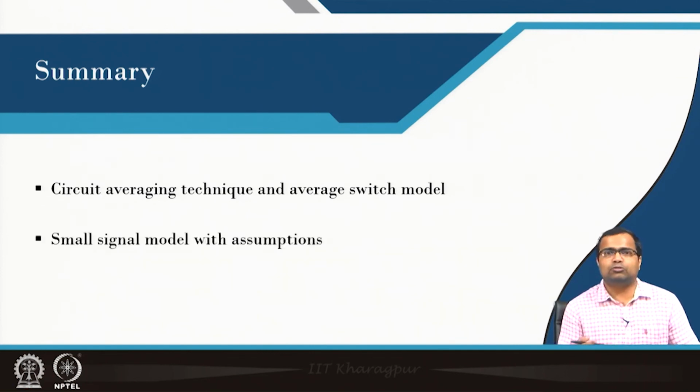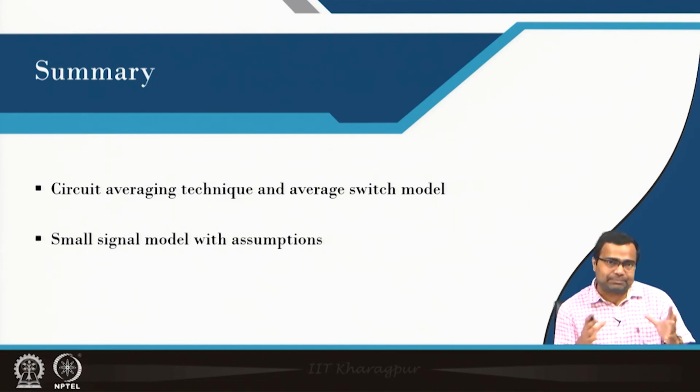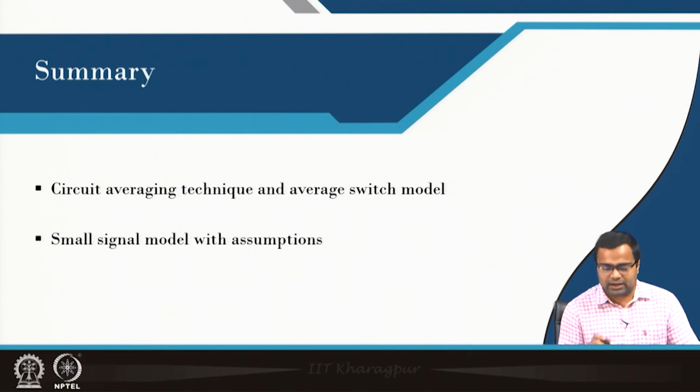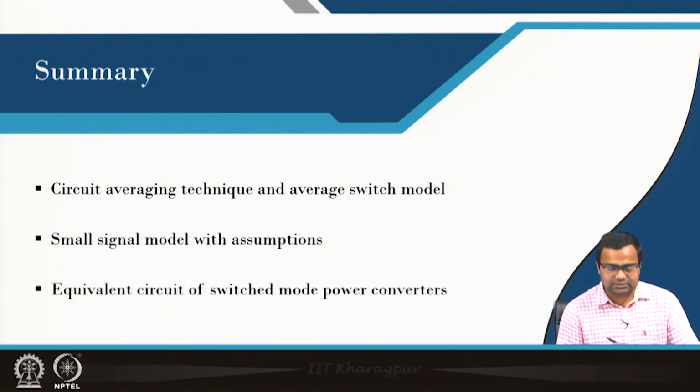And we saw that both techniques result in the same equivalent circuit. Then from that equivalent circuit, we can extract the AC part and the DC part. So, we obtain the small signal model with certain assumptions, that means the perturbation magnitude is much smaller than its average quantity, and then we derive the equivalent circuit of the switch mode power converter, and we derive it for boost as well as buck boost converter.